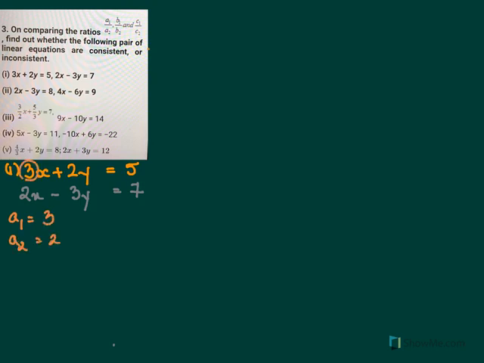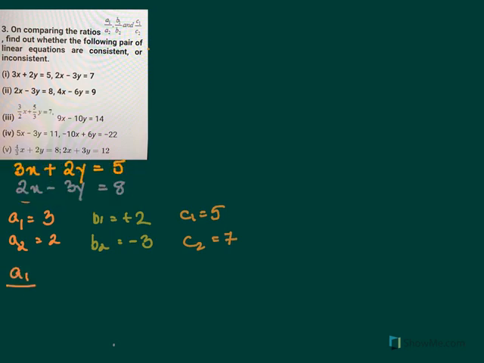Then we have B1 and B2: B1 is plus 2 and your B2 is minus 3. And then we have C1 and C2: your C1 is 5 and your C2 is 7.